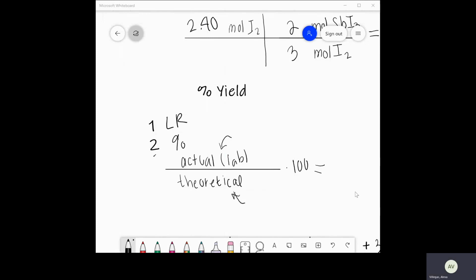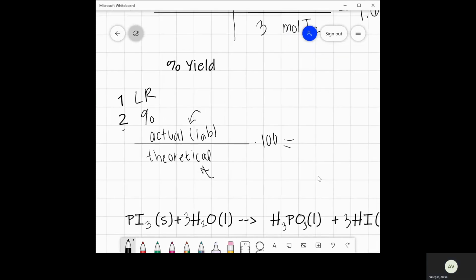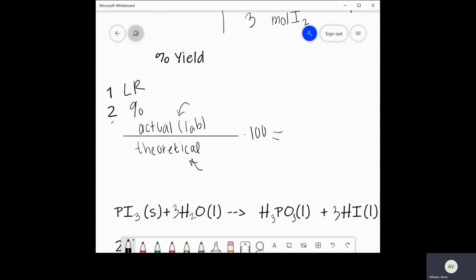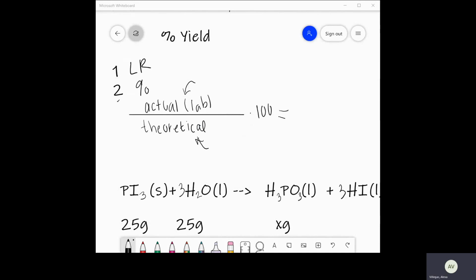So if I asked you for the theoretical yield of phosphorus triiodide, and it was mixed with water, you would get phosphorus acid and hydroiodic acid. If I used 25 grams of each mixed together, how many grams of phosphorus acid could I form?